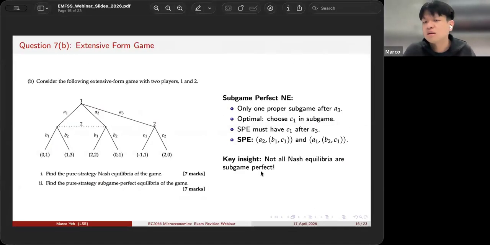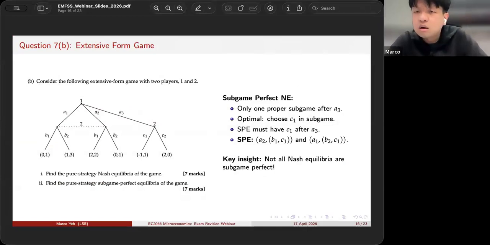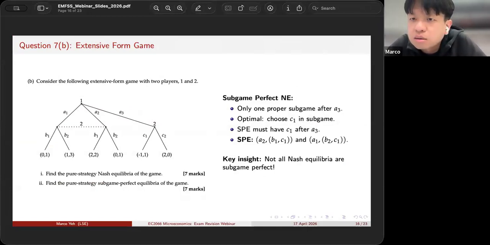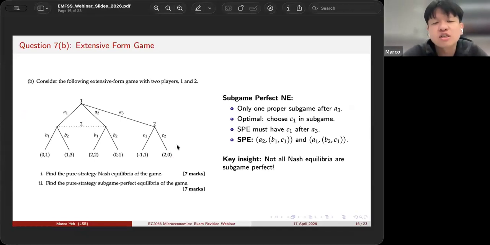Any other questions regarding the game theory? Someone, can you explain again how to find a subgame perfect Nash equilibrium? Sure. So for subgame perfection, I need to identify subgames first.